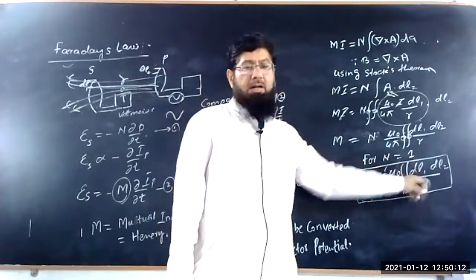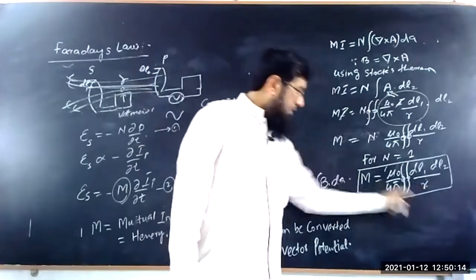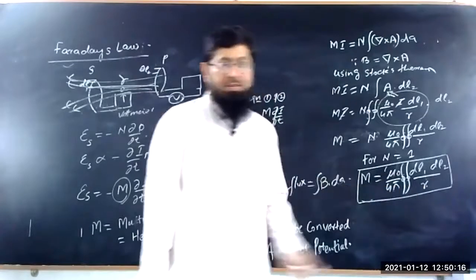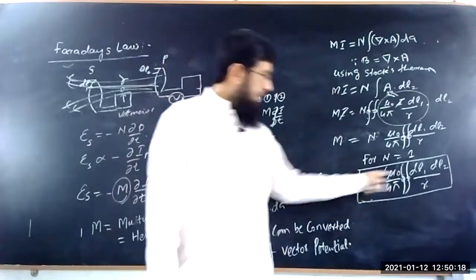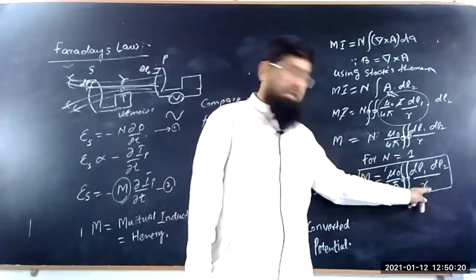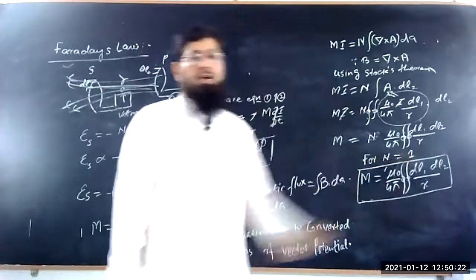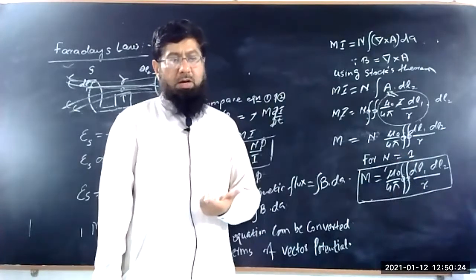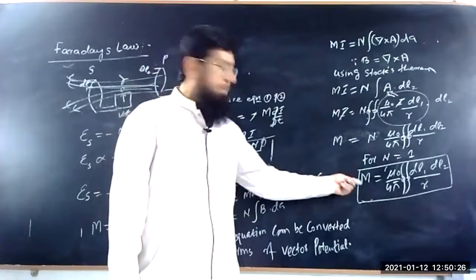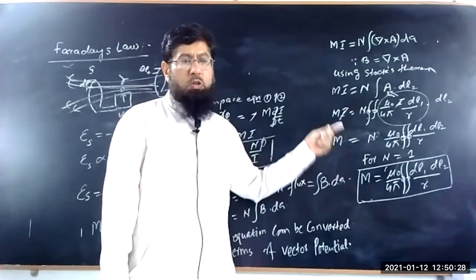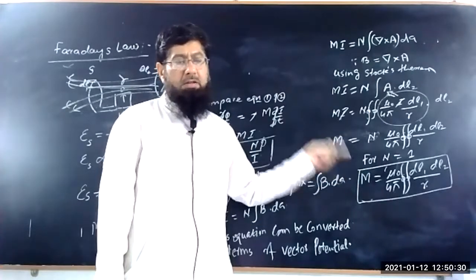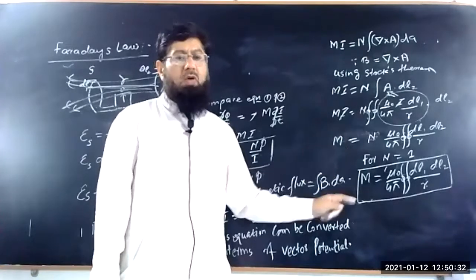the coil. Because this whole thing is a constant, this mu naught upon 4 pi is a constant quantity. It means this dl1, dl2 and distance as a whole, we call it the geometry of the coil. So it means the mutual inductance is totally depending upon the geometry of the coil.